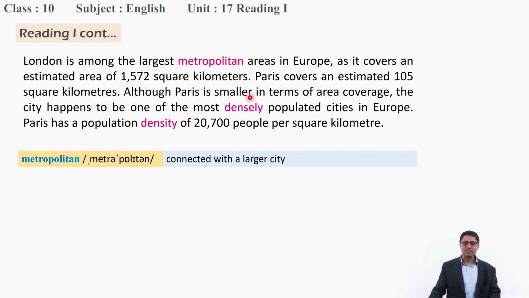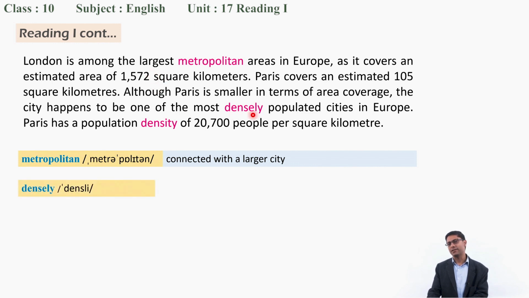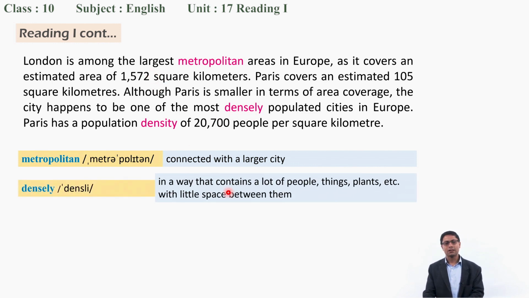Although Paris is smaller in terms of area coverage, the city happens to be one of the most densely populated cities in Europe. So Paris, though it has a smaller area in comparison to London, is a densely populated area. Densely means in a way that contains a lot of people within such an area.